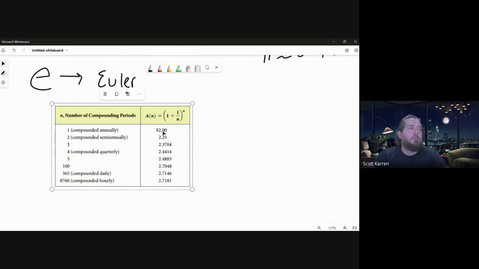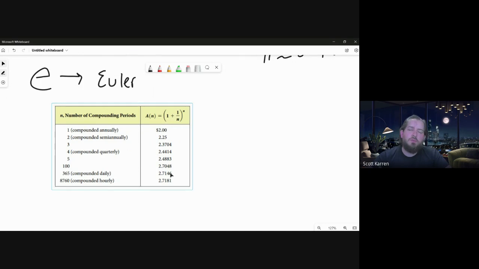And then if you compounded semi-annually, you'd end up with $2.25. If you did it 3 times, you'd get $2.37, and such and such. And so then he just kept going. If you compound 5 times, if you compound 100 times, if you compound it every day, and you can see the gains on the right-hand side start to become less and less.